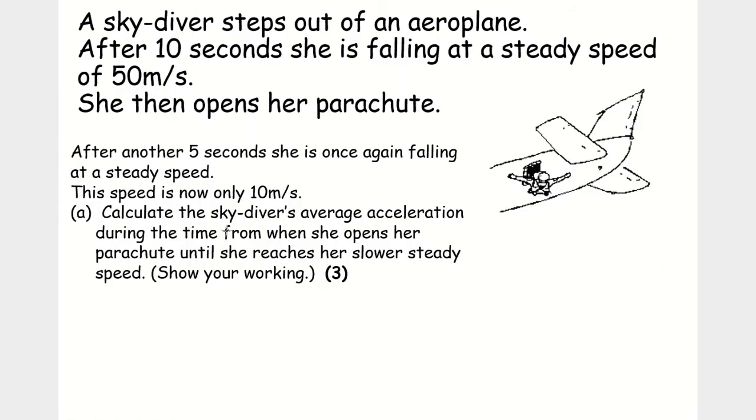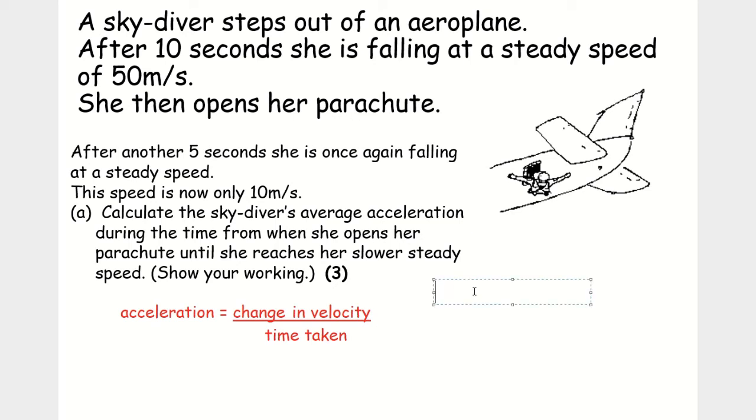Once you've read through this question, you'll see that it's asking you to work out the average acceleration during a particular period of time. So in order to work out an acceleration, you will have learnt the equation. You're going to need a change in velocity and a time taken. Where you show your working, you start off by writing down your change in velocity, and that is from 50 meters per second.